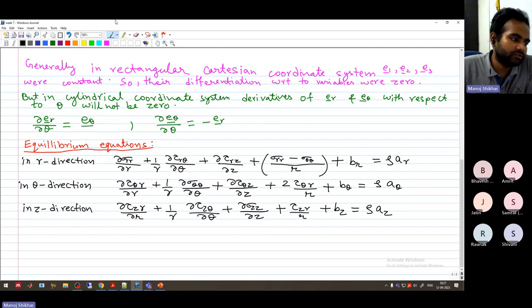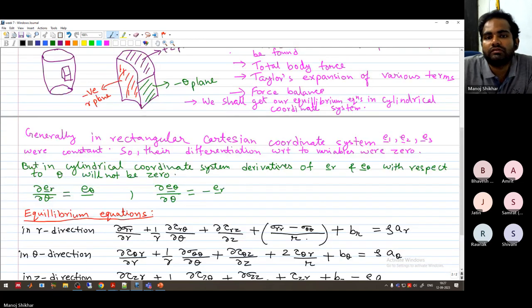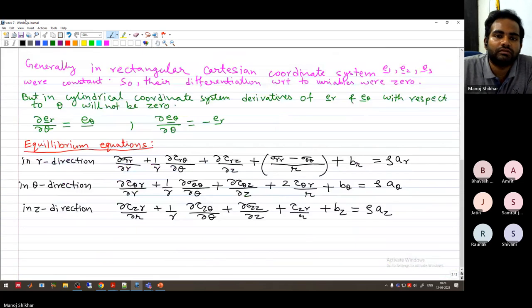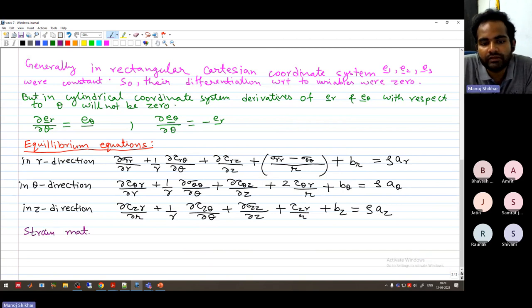Now the other topic was the strain matrix in the cylindrical coordinate system.